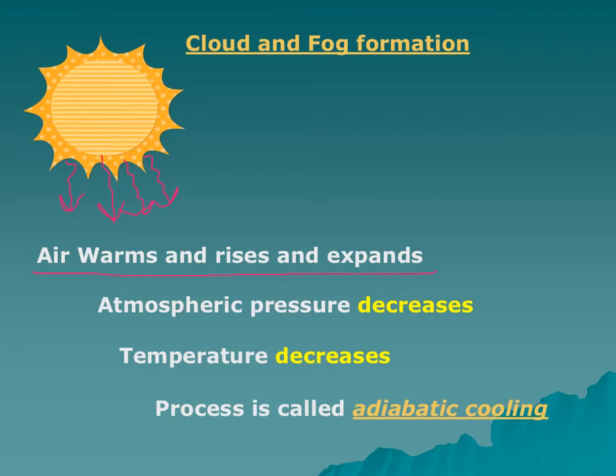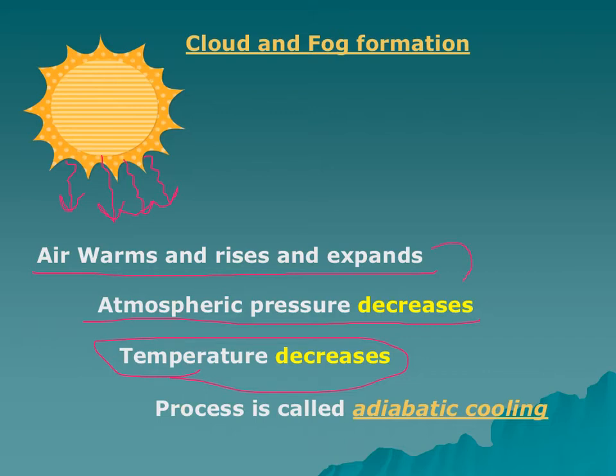As it expands, it rises. This causes the atmospheric pressure to decrease. As the air molecules expand, they're getting farther away from each other, so there are fewer molecules to push in an area. This causes the atmospheric pressure to decrease, which in turn causes temperature to decrease.